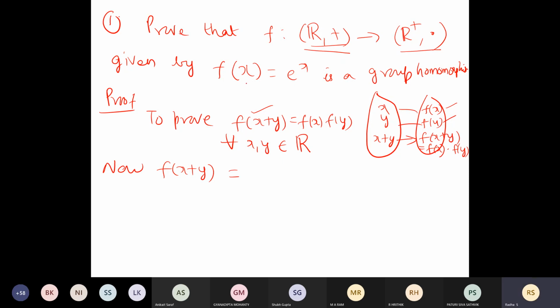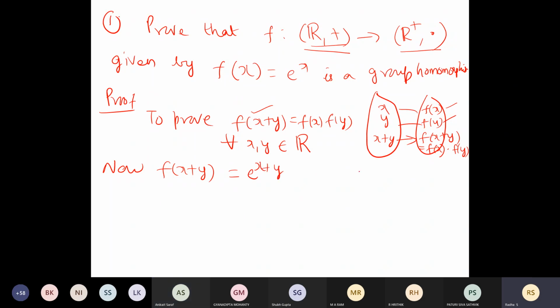f of x in R is e power x. So x is an element in R, y is an element in R, and x plus y is also an element in R. Accept? Any element x in R maps onto e power x, so x plus y in R should be mapped onto e power x plus y.